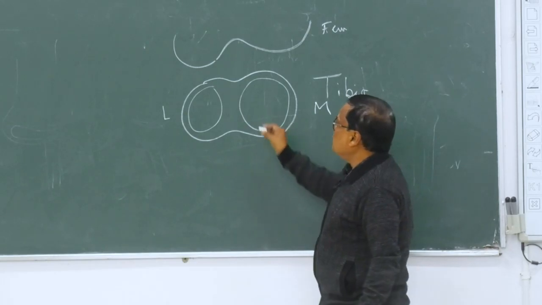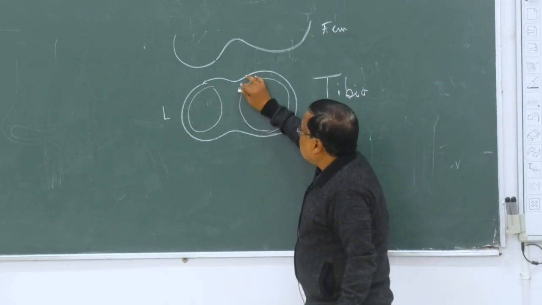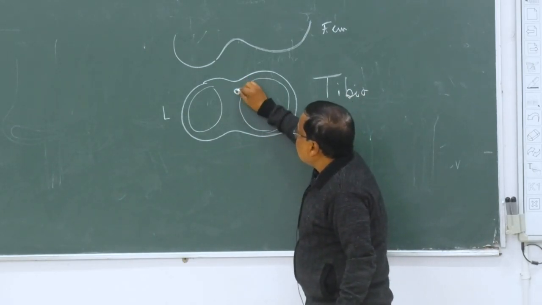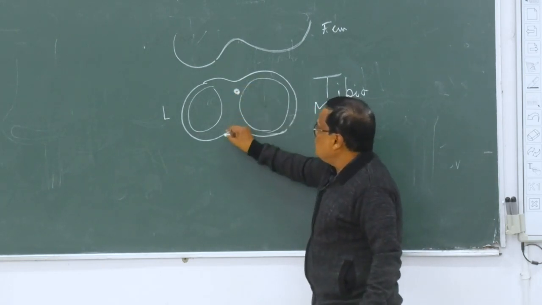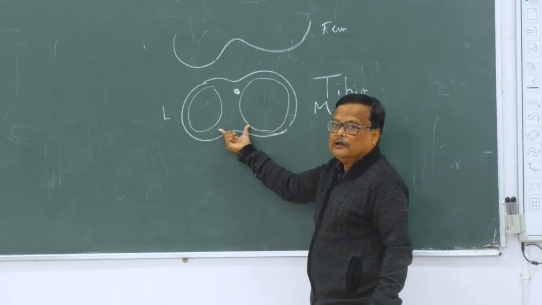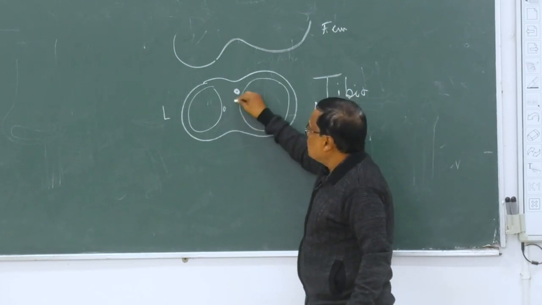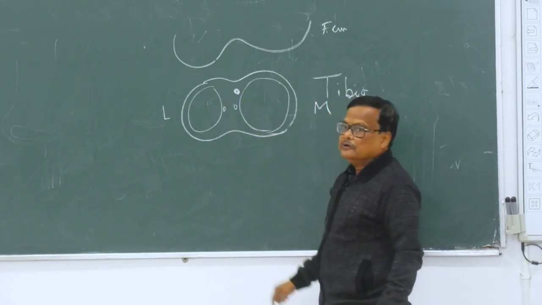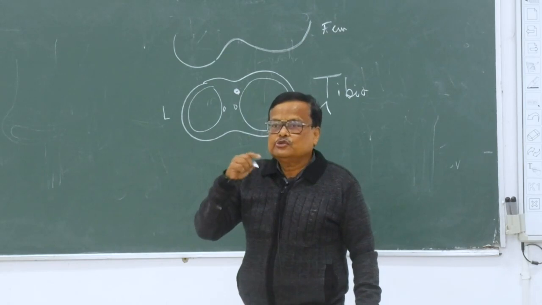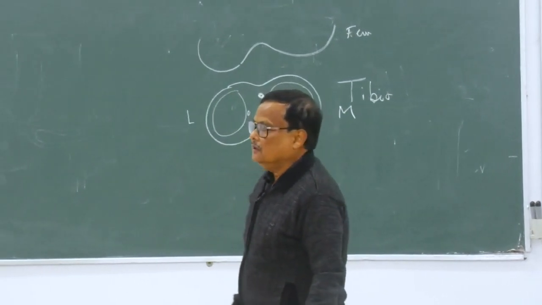The anterior cruciate ligament attaches here, and this region is called the intercondylar area. There are two tubercles here, the medial and lateral intercondylar tubercles, as you go through the bones of the tibia.